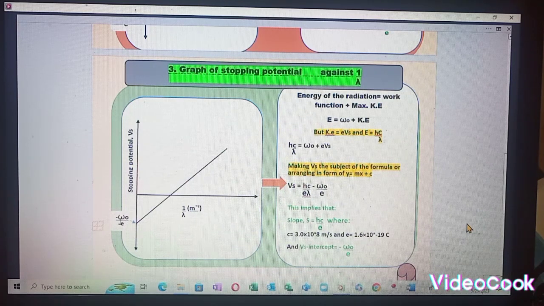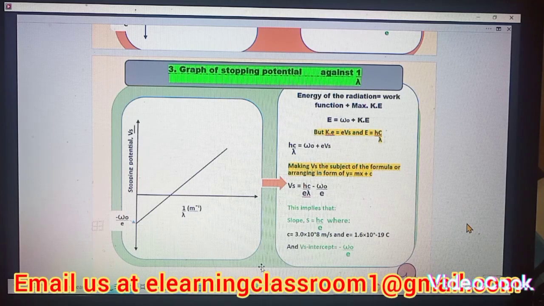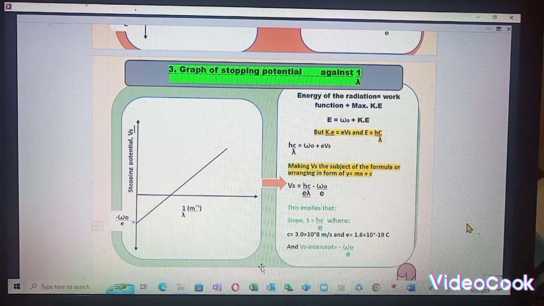So then lastly, the value here, the Vs intercept, represents negative W naught all over E, whereby we know the value of E. So if you want the work function from this graph, you simply need to read this value, then you multiply by the charge of an electron, then you'll be able to get the value of work function W naught.